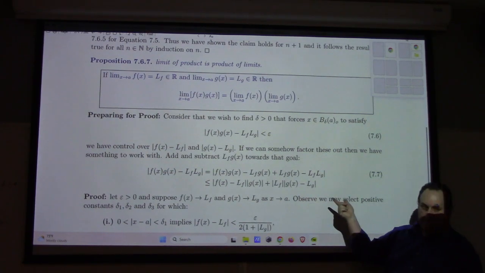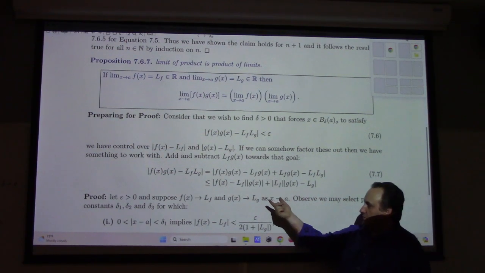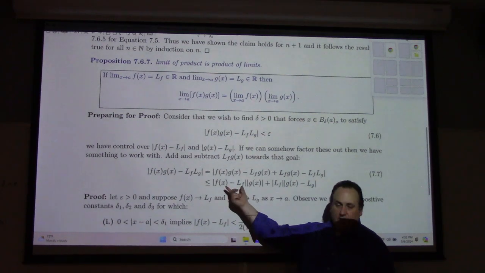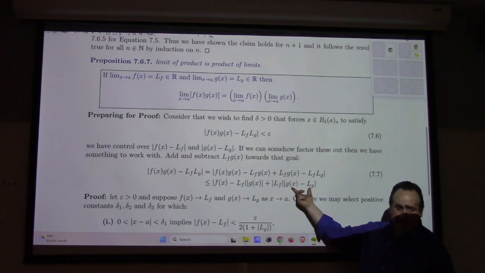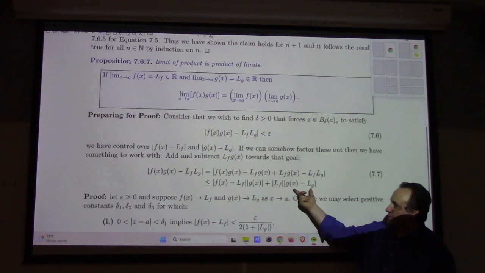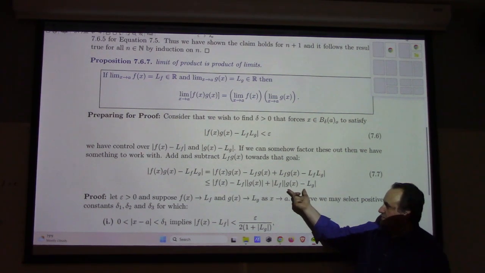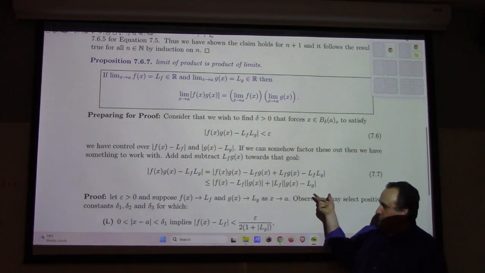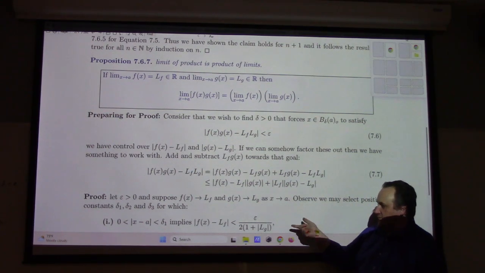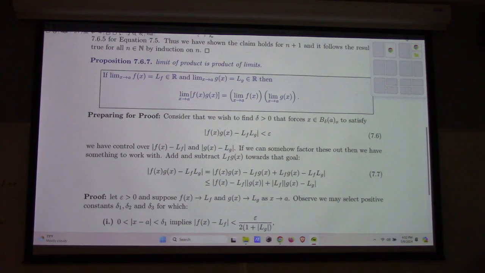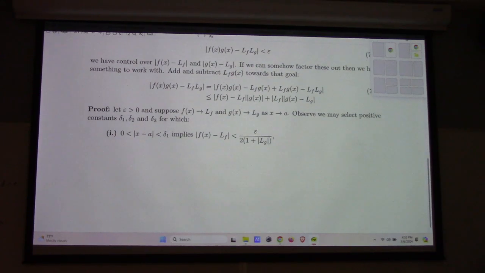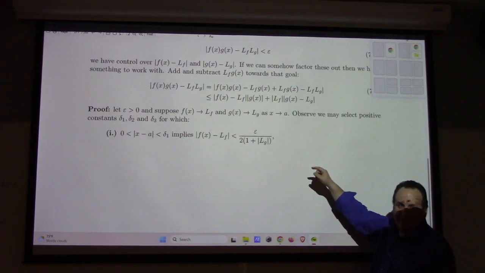But the thing is, I control this and I control that because I know that the limits of f and g exist. So I'm able to pick a delta that makes both this and that suitably small. The estimates that I choose are a little bit sneaky. I choose a delta for f that makes it less than that.